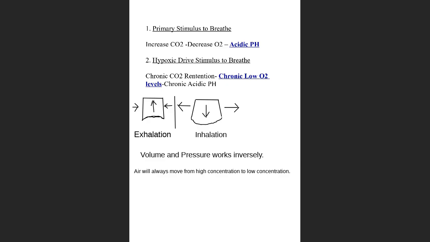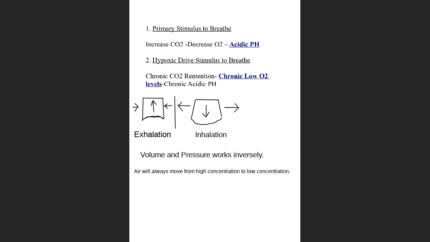So the chemoreceptors for the hypoxic drive are located in the arch of the aorta and the carotid arteries. And what these receptors are responding to is a low concentration of oxygen. So it's stimulated by low oxygen levels.